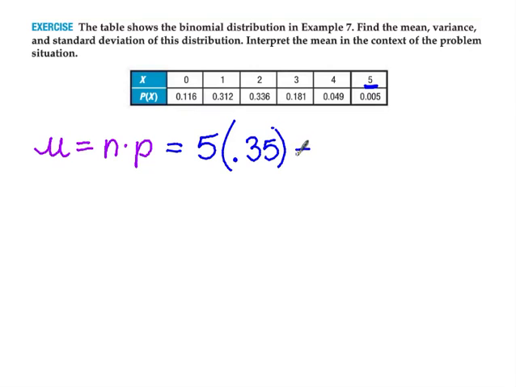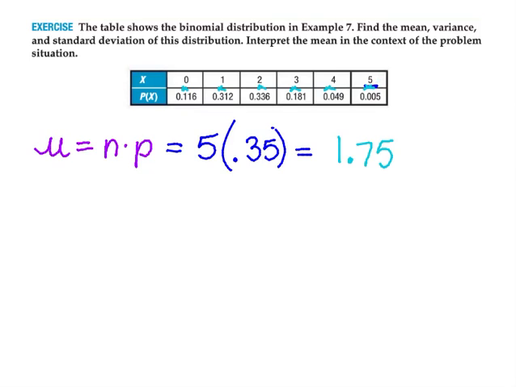So let's take 5 times 0.35 and what do you get? 1.75, there's the mean. There is another way to find the mean, and remember we learned about that, taking x times p of x and then adding all those values up. But notice this is a lot easier, so we don't have to worry about that.